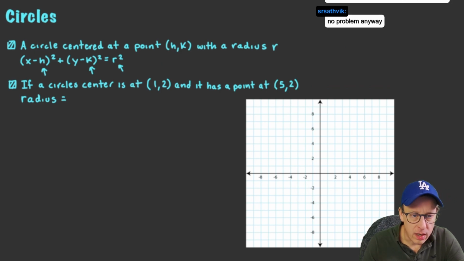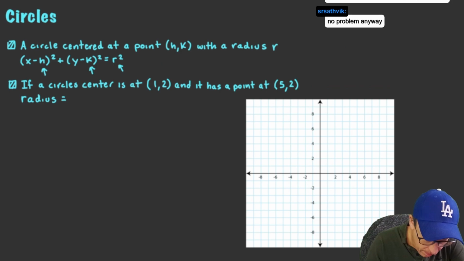And I'll just go and plug this in here. So what we have is, if a circle center is at 1, 2, and it has a point at 5, 2, what would be our radius in that circumstance? Well, again, we're just going to do the same type of stuff. So let's make that look a little bit more like a 5.